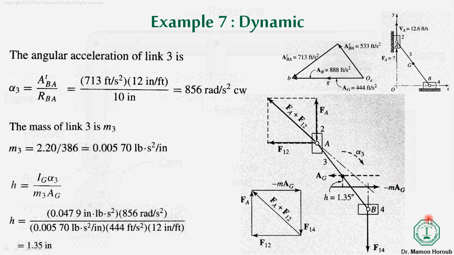So once you have m·ag, just make your own scale, such that the scale will be applicable for the whole problem, and then you can find the unknown force F14. Once you know the scale, you will use it to calculate this value in inches, and then convert it into lbf, and the same value will be for FA, because the line of action of the resultant is the same as the line of action over here.